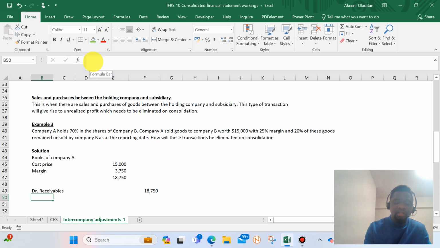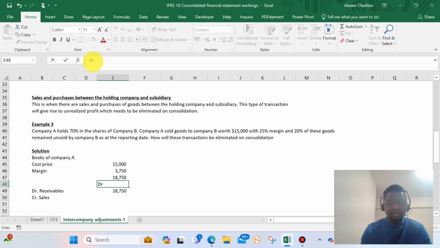But Company A will have credited sales with two elements. I will need to separate the cost price and the margin. I will tell you why I'm doing that later when we get there. Just take this and put it here. This is debit. This is credit.